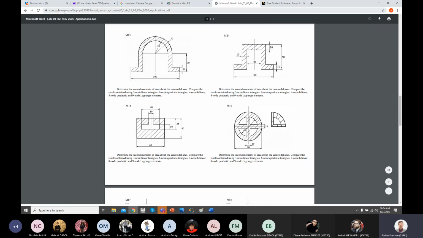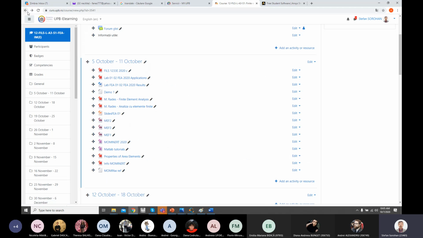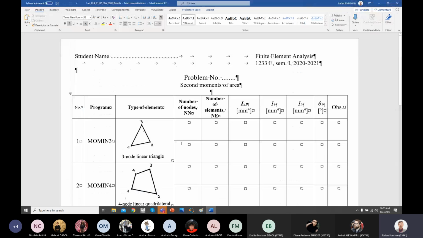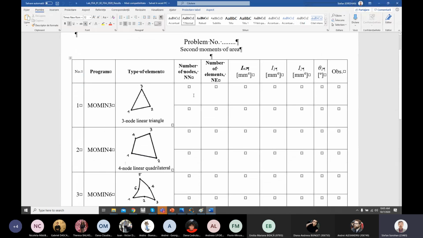And after that, back here, this is the file that was downloaded. So for example, because we obtained some results, you must fill in the first mesh.